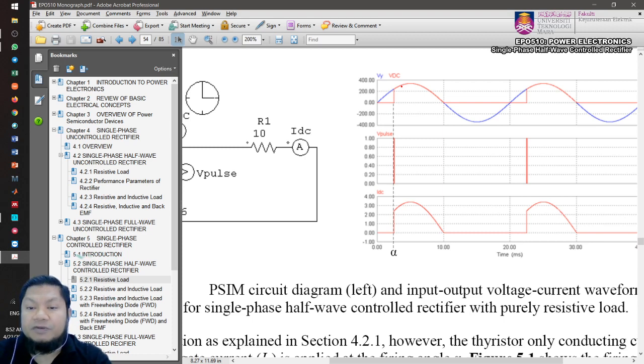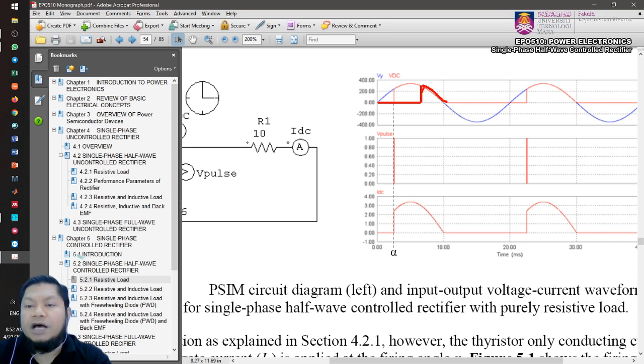If you increase alpha to that point, this is your area, and if you move alpha further, you have a smaller one.